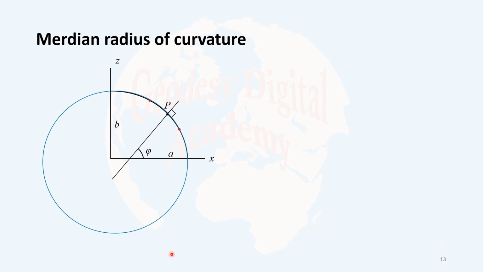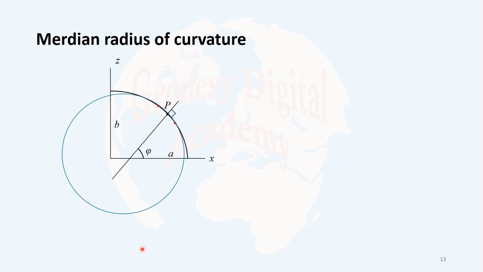Now consider that these 2 points are closer to point P, and we have another circle which has a smaller radius. And now consider them even closer. Then we have another circle.